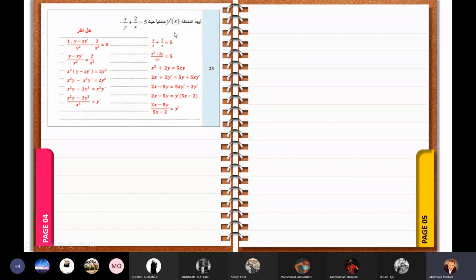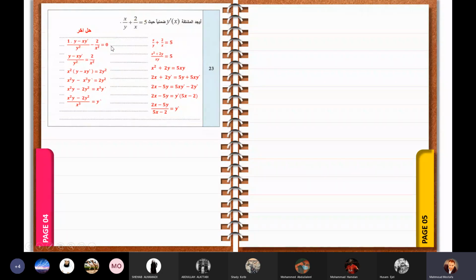Here we need to find the derivative. The derivative of y, or y prime. Here it comes like a mix between x and y. The first solution is to derive x over y, then 2 over x equals 0, of course.